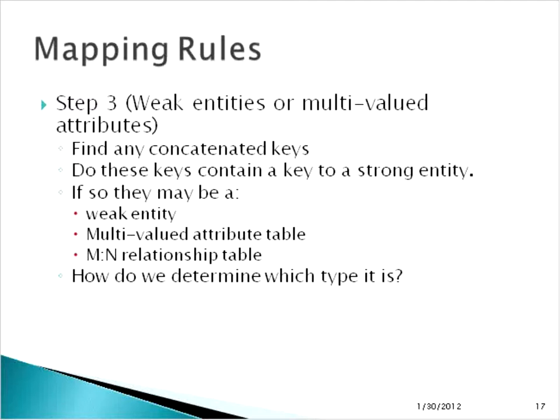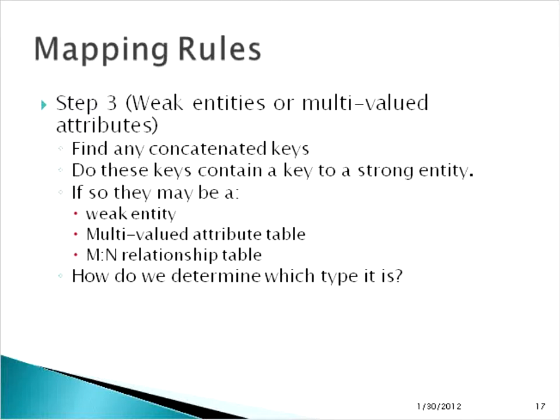So you would determine if something is a weak entity if there's a primary key of one table sitting in another table. So for example, if you look at the bottom of page 298, you see the table called skill, which has employee number as the primary key and skill type as also the primary key, and date certified on it also.